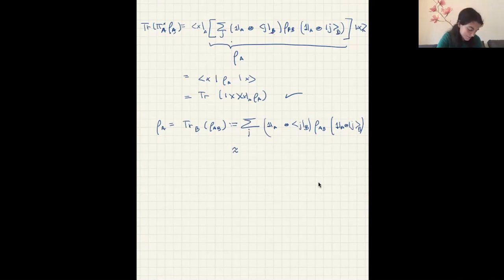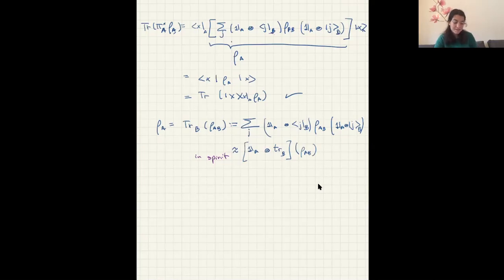So in spirit, which means it's not proper maths, but it's kind of the idea. It's like taking the partial trace over B and doing nothing on A. Okay, so this was the map we're looking for to represent Alice's knowledge.